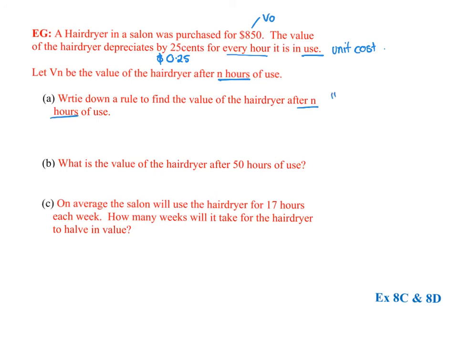Write down the rule to find the value of the hairdryer after n hours. So can you see we want the nth term rule? The nth term rule is you write Vn, it will equal V0. So what was V0? 850, minus the D times n, which is 0.25 times n.